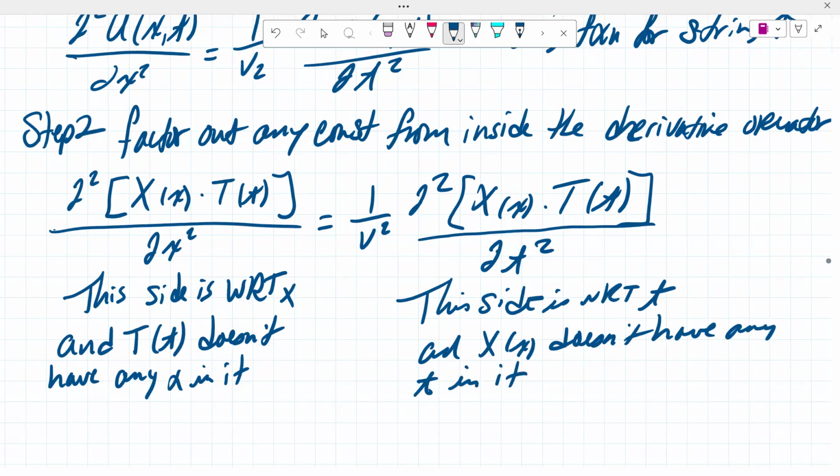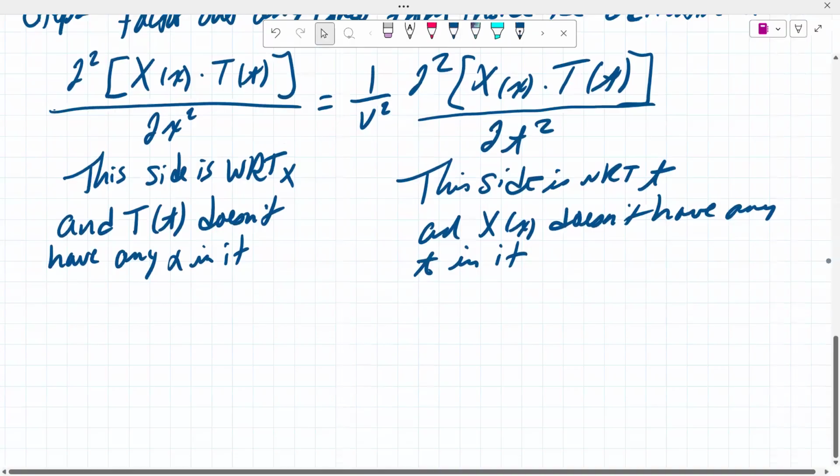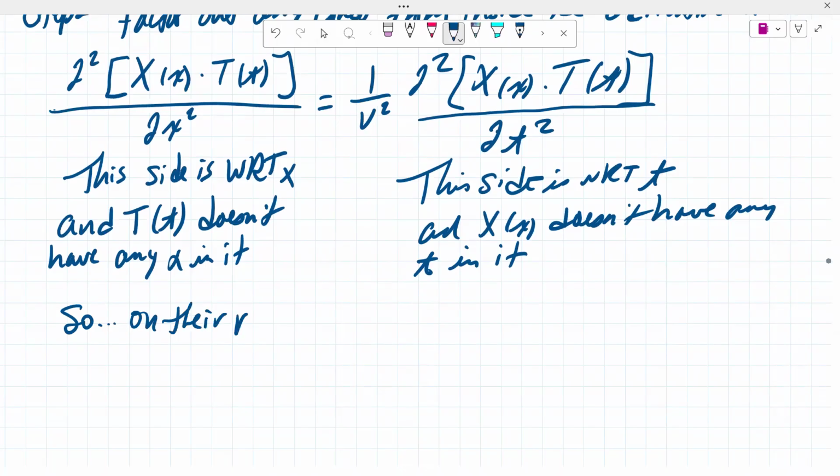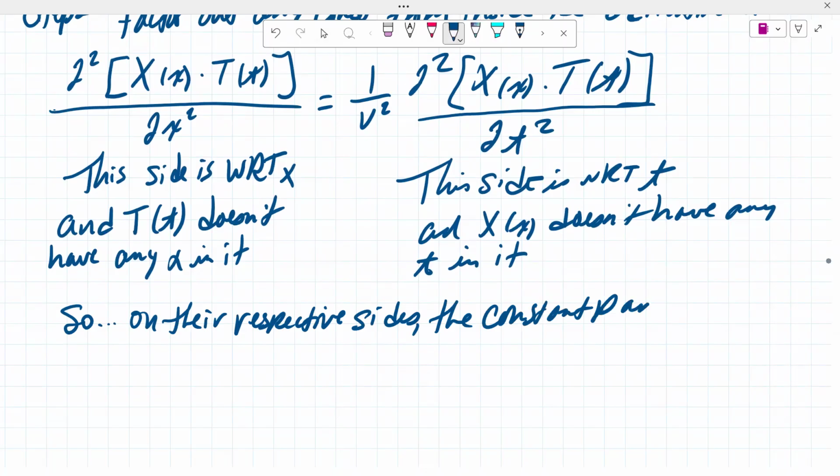So the important thing about that is that on their respective sides, the constant part can be factored out.